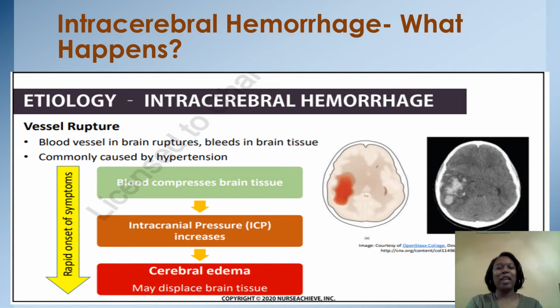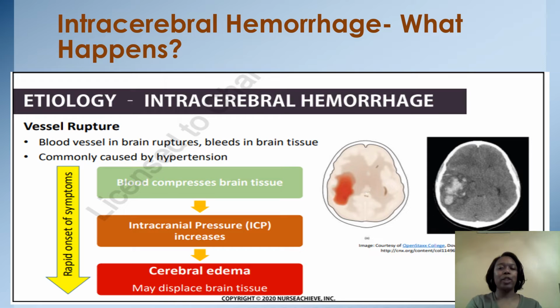So what exactly happens with an intracerebral hemorrhage? A vessel ruptures from a weakened wall, which is called an aneurysm, and this rupture causes bleeding in the brain tissue. An aneurysm and intracerebral hemorrhage is usually caused by hypertension, uncontrolled hypertension.